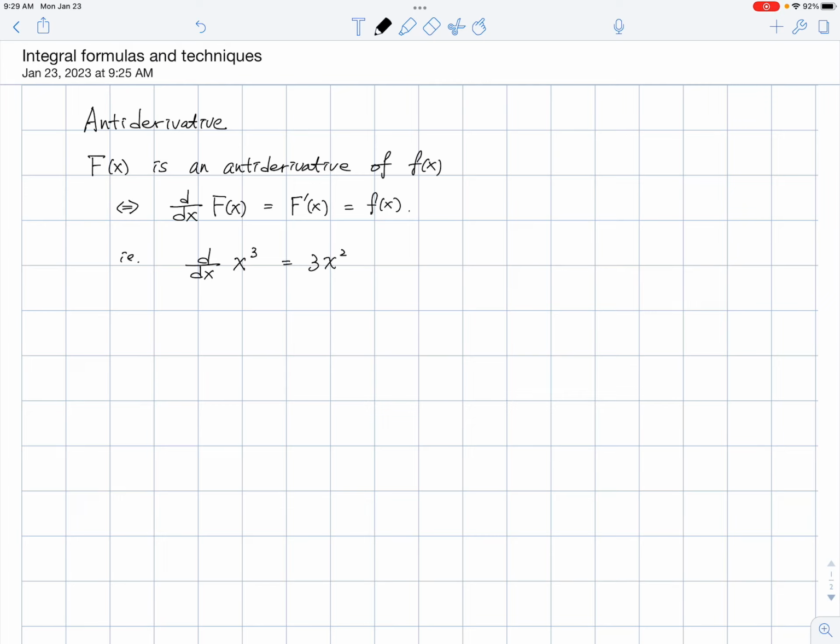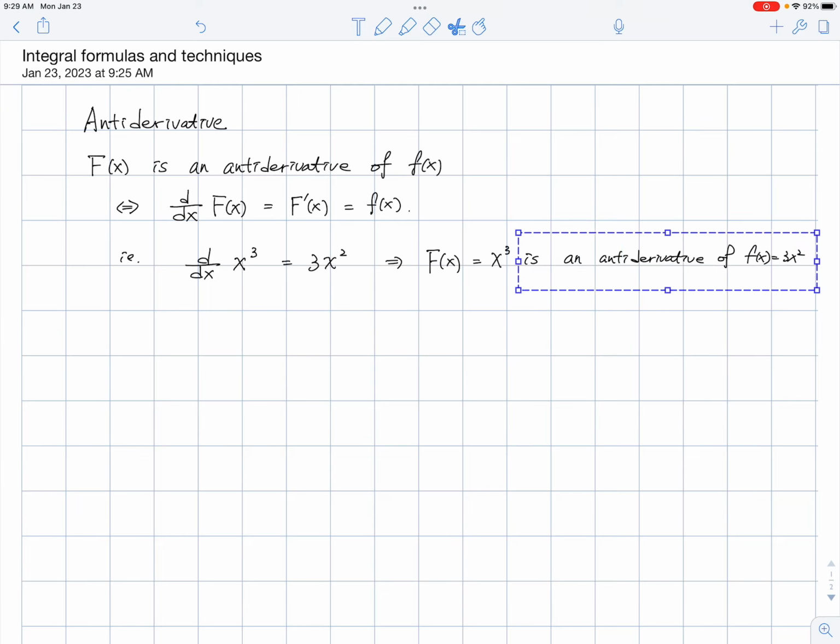Therefore, I can say the function x cubed is an antiderivative of the function 3x squared. Okay? All right. So that's one definition.